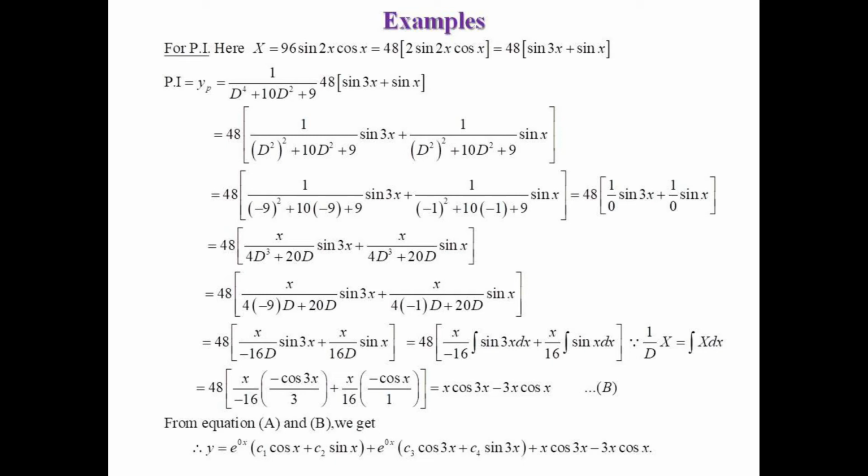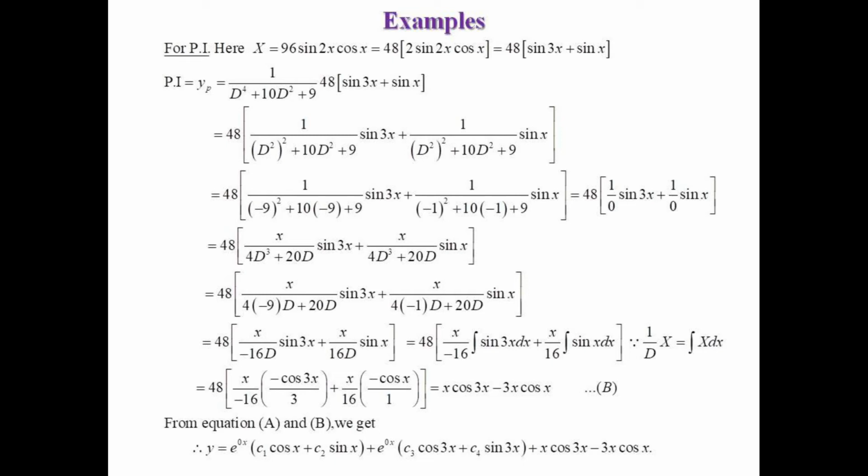According to type number 2, we replace d square by minus a square. Here the power of d is 4, but we require the power of d as 2, so we write d raised to 4 as d square, its square, plus 10 d square plus 9. Because we replace d square by minus a square, we adjust the fourth power of d like this, and similarly in the second term.